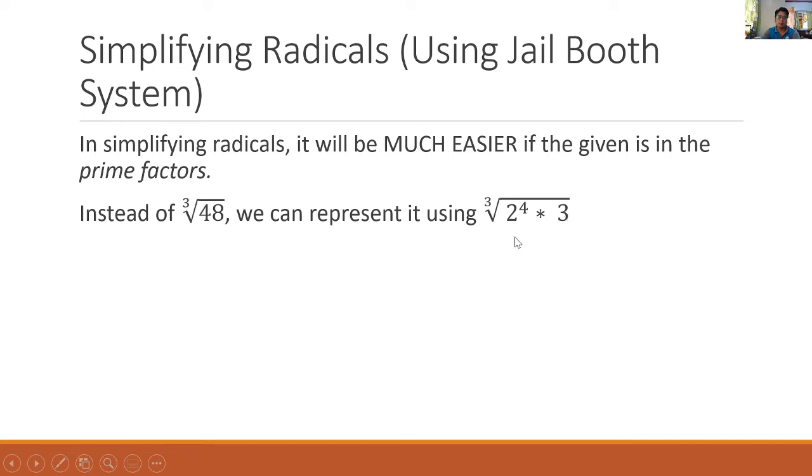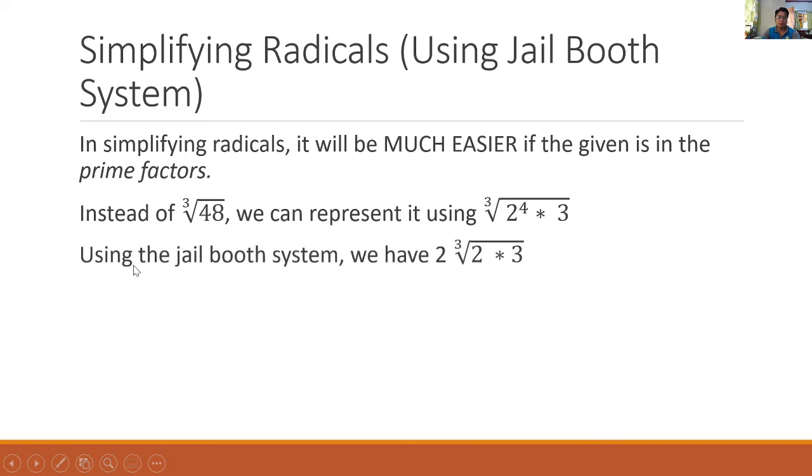If we have here now this given, yung 2 natin, makakalabas isang beses. Isang beses lang yung 2. May matitira sa loob, isa lang din, kasi kulang na yung pera. Ayan. Using the Jailbird system, we have 2 lumabas, cube root of 2 times 3. Bakit naging 2 ito? Nagbayad ka ng 3, sa pangalawang pagkakahuli, piso na lang yung natira.